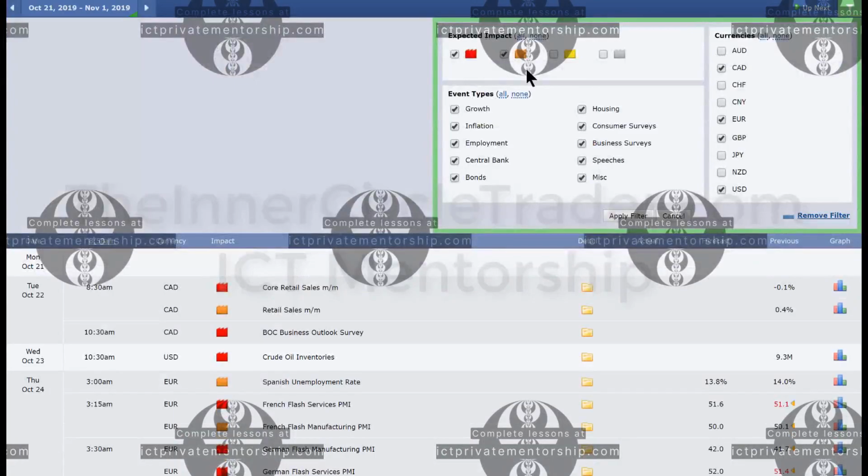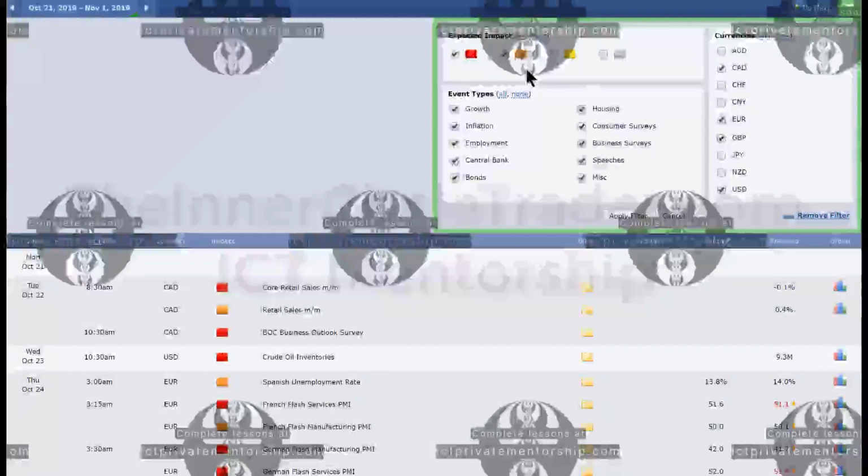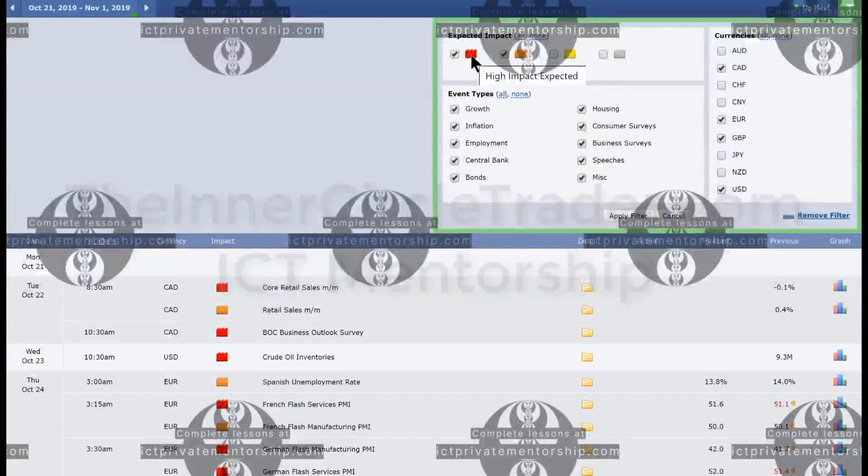Every weekend edition of the mentorship analysis and commentary video, you'll always see my calendar toggled with the high impact, medium impact. The low impact is not toggled, and the non-economic is not toggled. The Canadian dollar is, euro, GBP, and dollar. The rest I do not look at because I don't trade them.